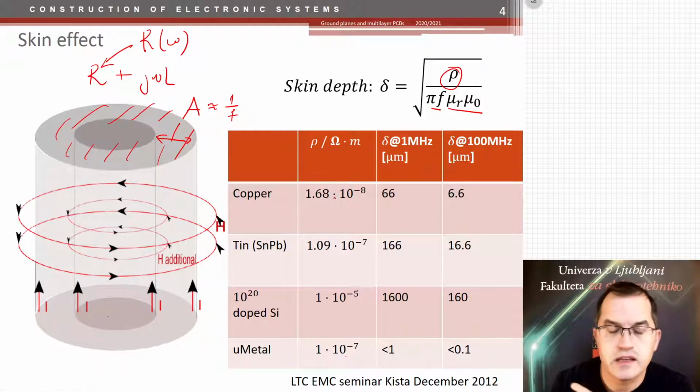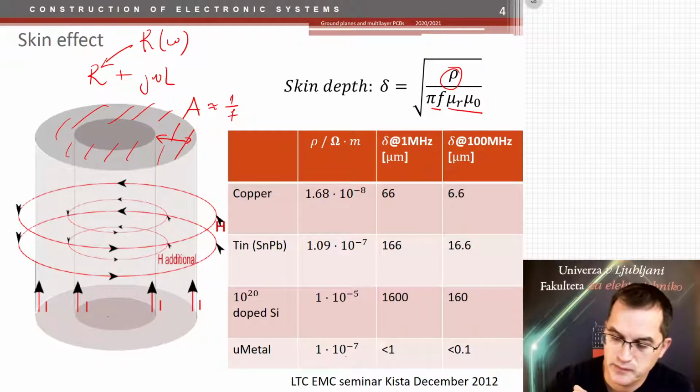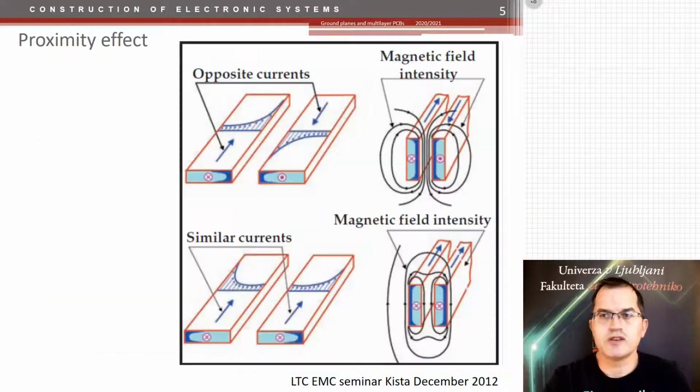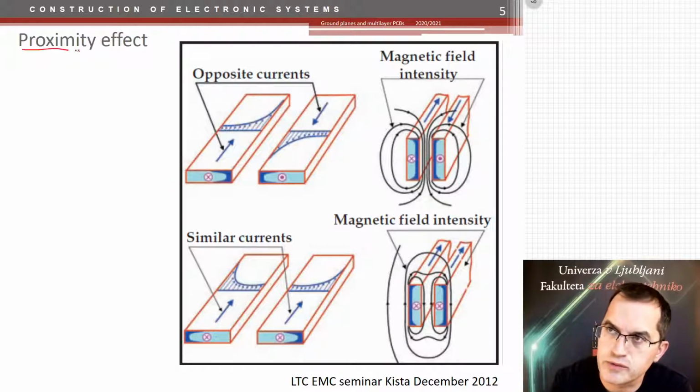Now, if the material was an ideal conductor, such as a superconductor, the current would only flow on the surface of that material. From this skin effect, one should understand two effects in case of PCB tracks. This effect is called the proximity effect.